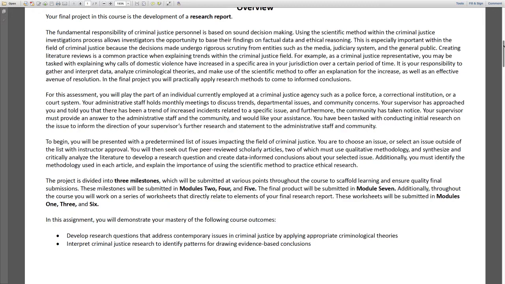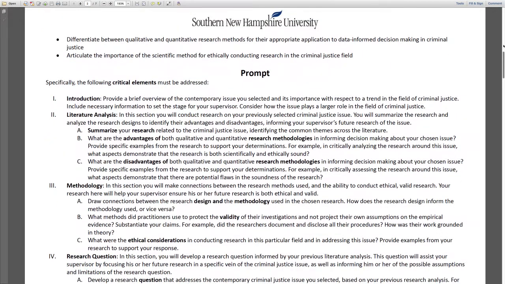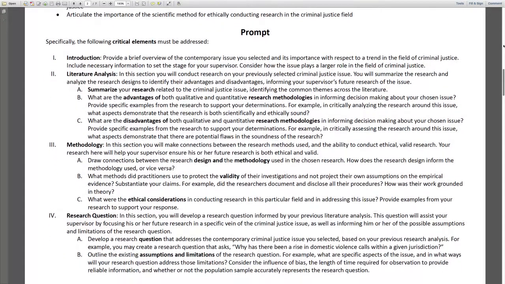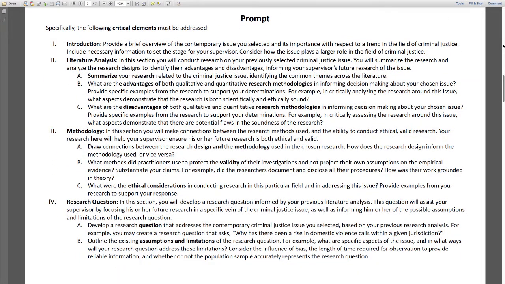I can't emphasize enough that that's exactly what is going to make the difference. This looks like a very large, long, difficult assignment. It isn't. The example that I'll give you in just a few moments is the one where I've used the same topic, issue, and research question all the way through each of the milestones and worksheets.